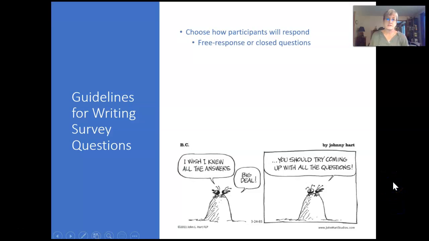One of the first things that you need to keep in mind when you're writing questions for a questionnaire is who is going to be responding to the questions and how do you want them to respond. So a broad category of decisions you have to make is, are you going to give people the free choice of how to respond, such as writing out their answers, or are you going to give them closed options?